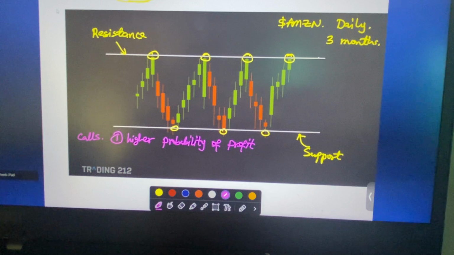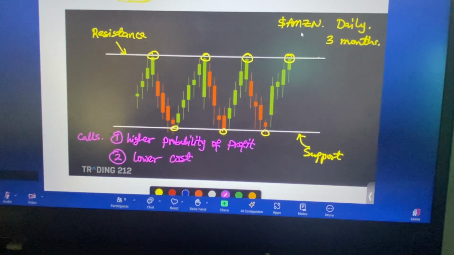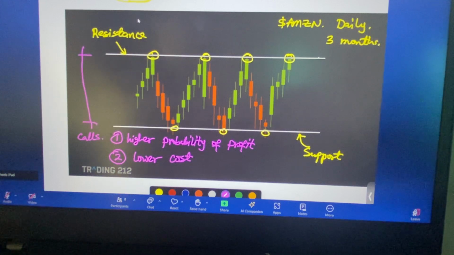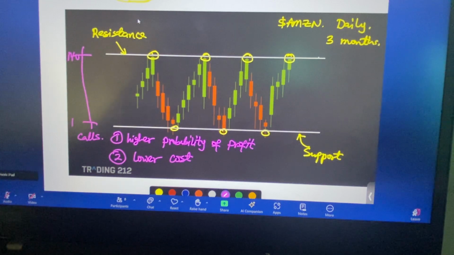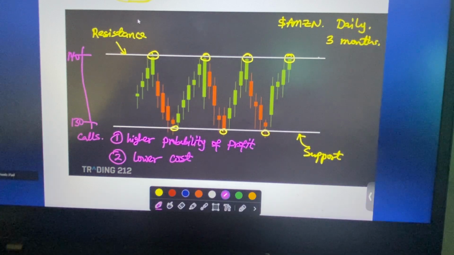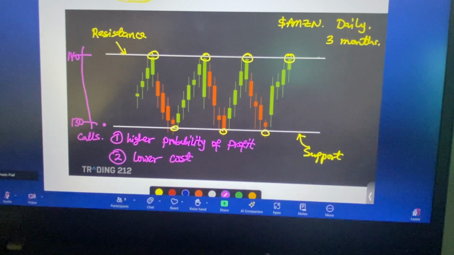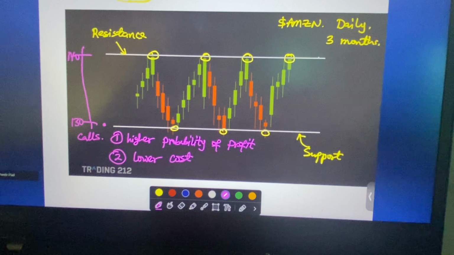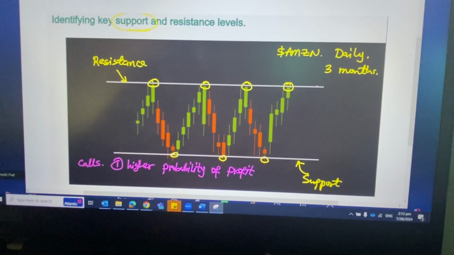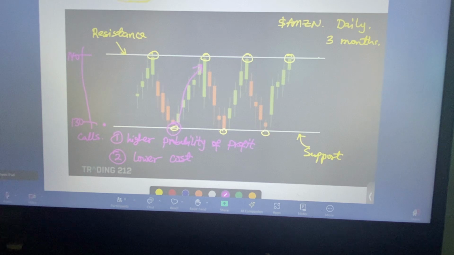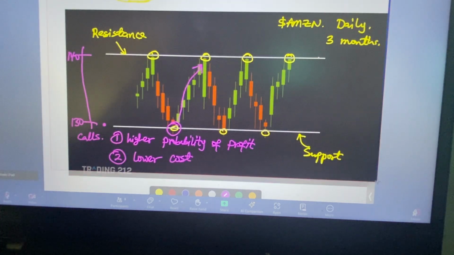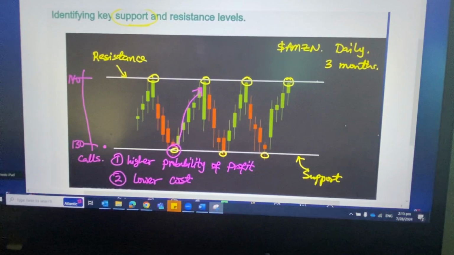Also, at this point, I'm able to get it for cheaper. Because if this is 140, and let's say this is 130, if I enter here for calls, based on the exercise we also did yesterday, and the price goes up to 140, are those options the same value now compared to when it was at 130?